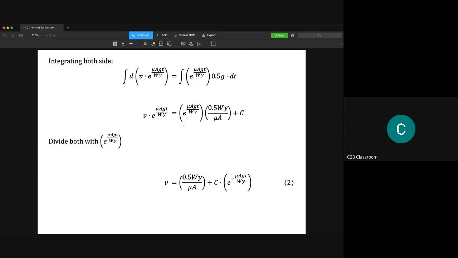To simplify this one, we divide both sides with this term again, and then we could get that v is 0.5 w y over mu a plus c times e to the power of this one.